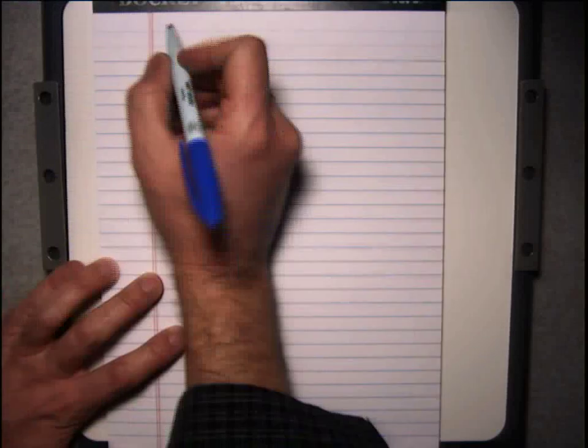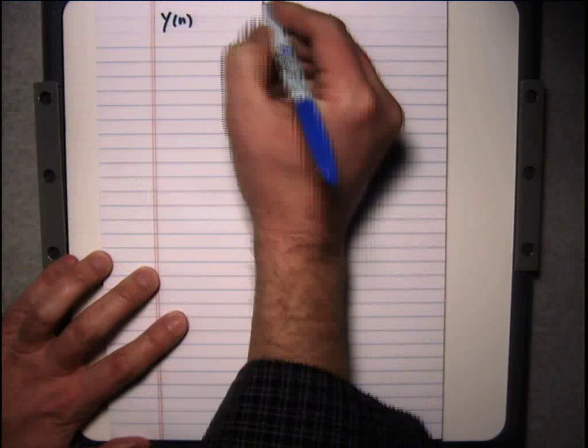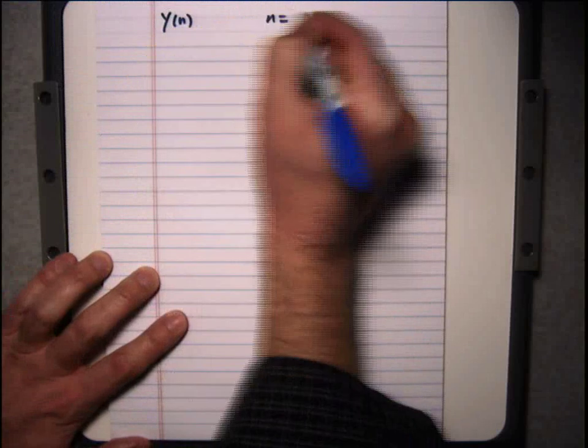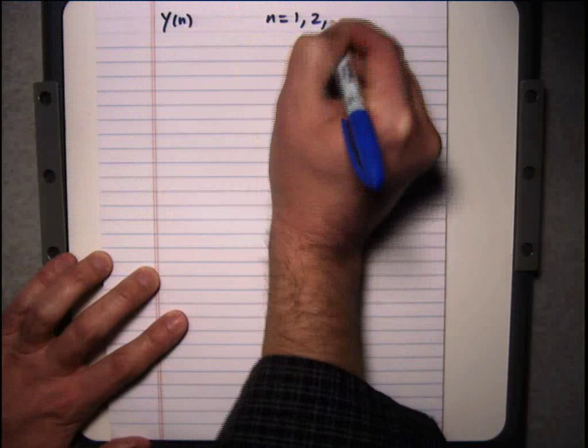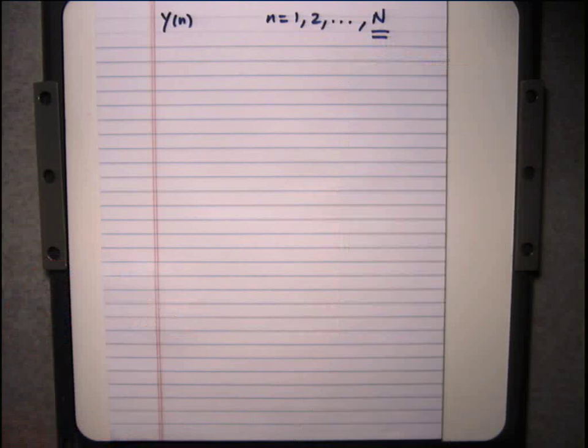Just to clarify, when I write this general form of y of n, what I mean is that n runs over a bunch of measurements, 1, 2, through capital N. So I have capital N data points.